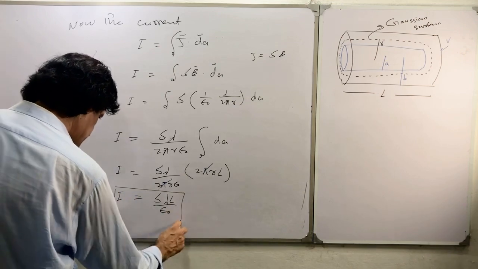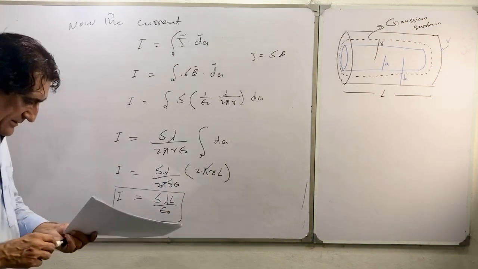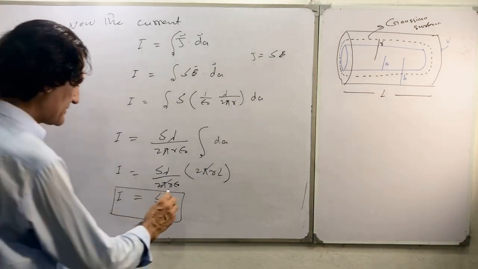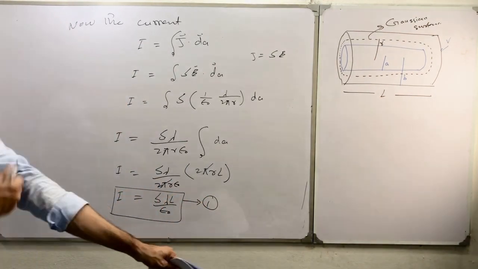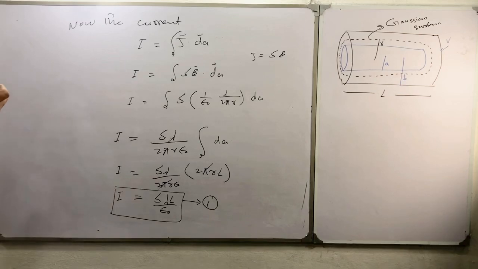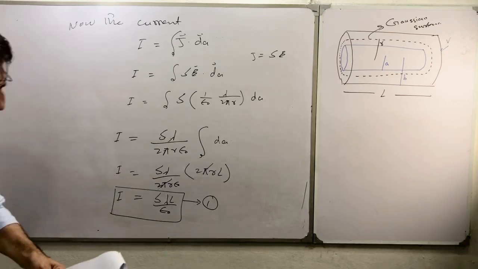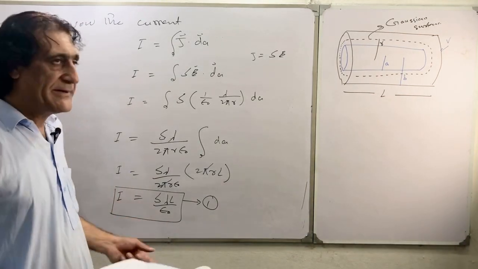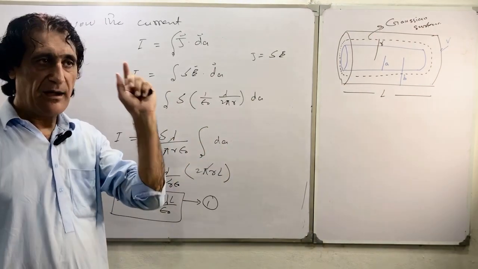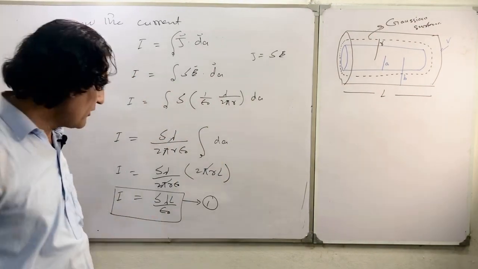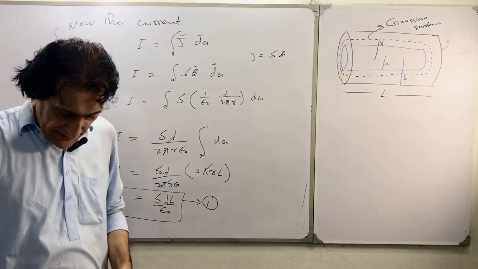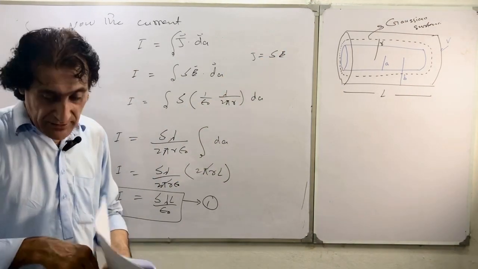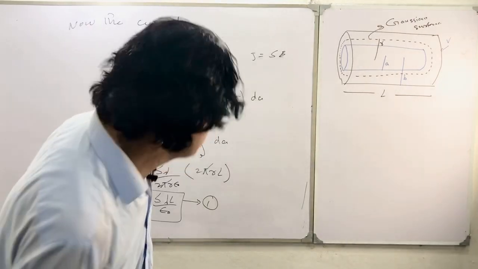So this is the current, equation number one. This is not complete yet because we are interested in finding the relation between I and V. There is some potential in this configuration, so how can we find the potential? Let's see.